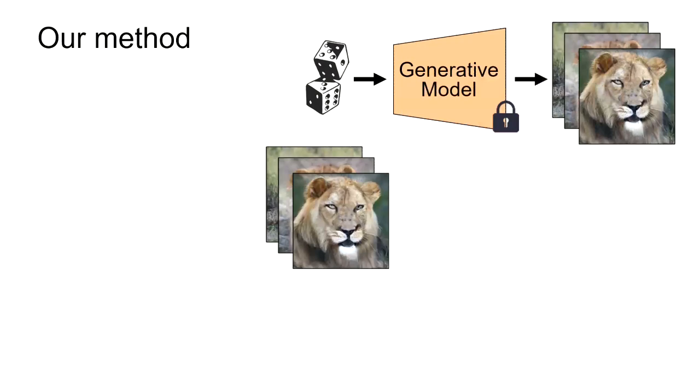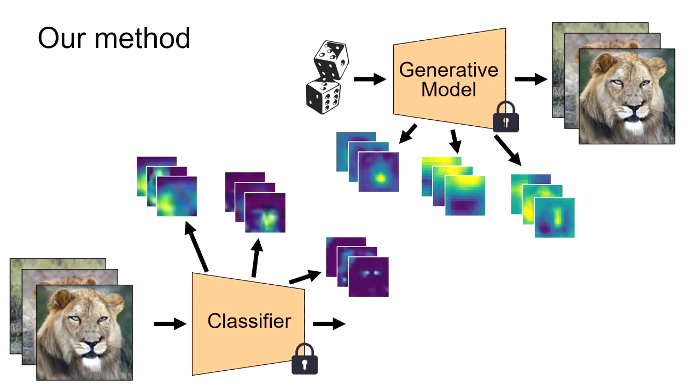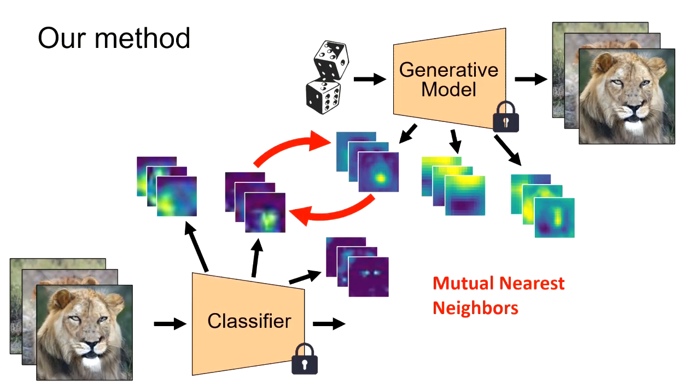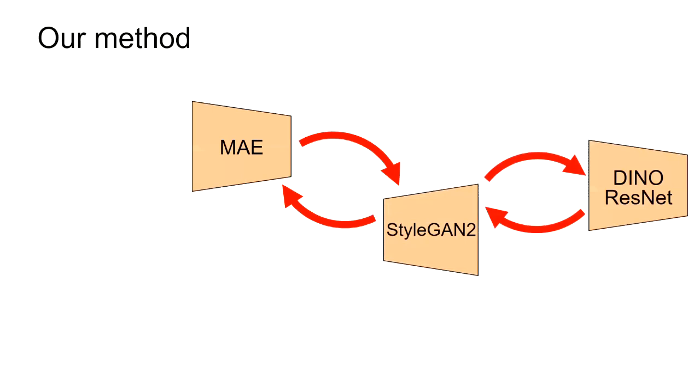Now, if we zoom out, we repeat this process for multiple pairs of models grounded in the same generative model. Then we only keep those neurons which match with the same set of generative neurons. And what we find is, given an image, these neurons will fire for similar visual concepts.